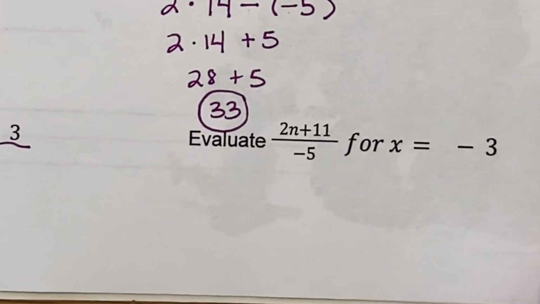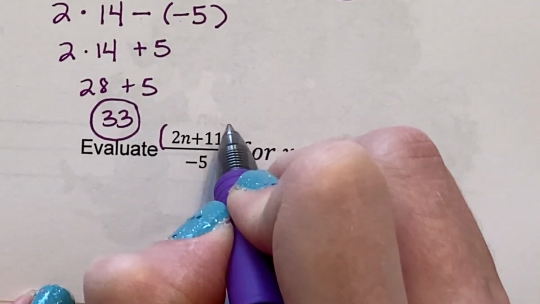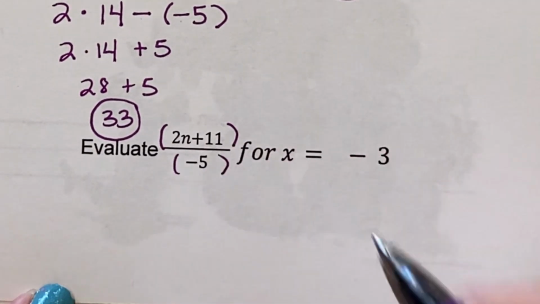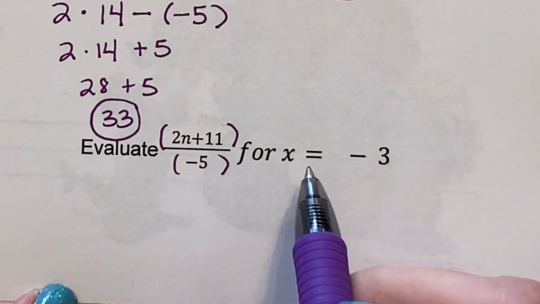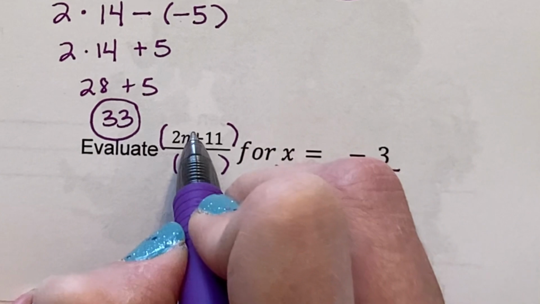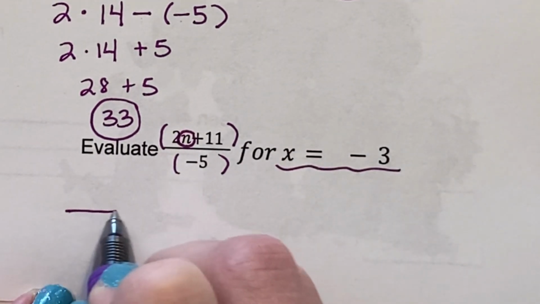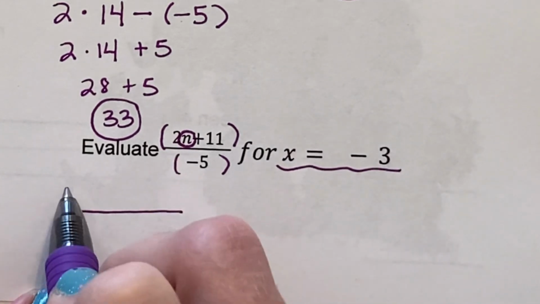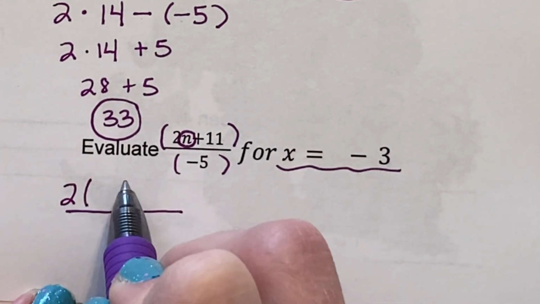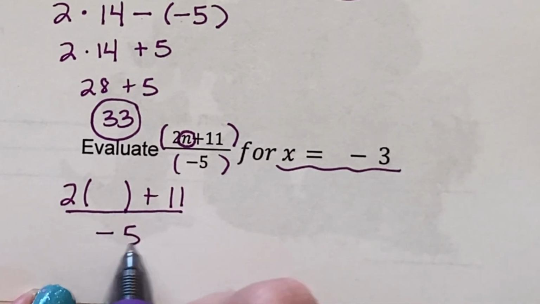Let's go ahead and do a fraction. Remember, there are invisible parentheses around our numerator and our denominator. Okay, and I have n is negative 3, so I'm going to use parentheses for that n. So here's my fraction. I have 2, here's n, plus 11, and then here's that negative 5.